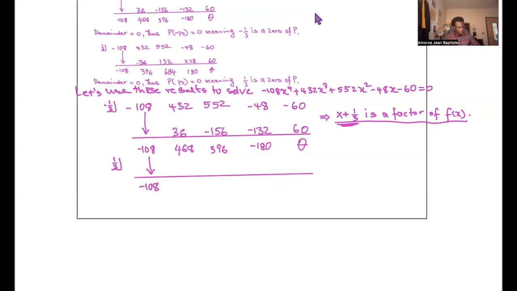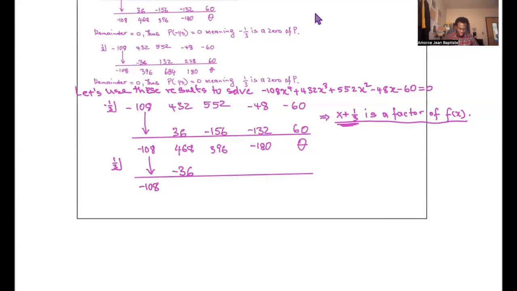So that's negative 108 divided by 3. That's negative 36, plus 468.